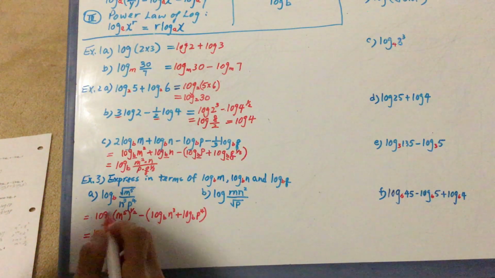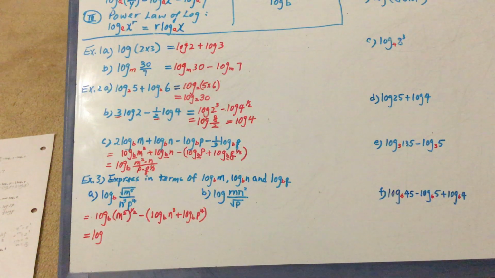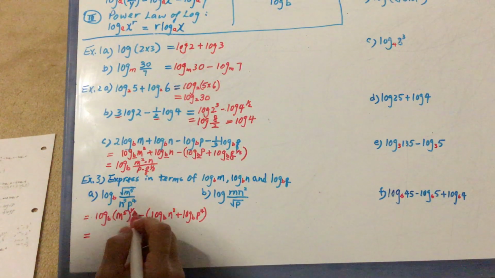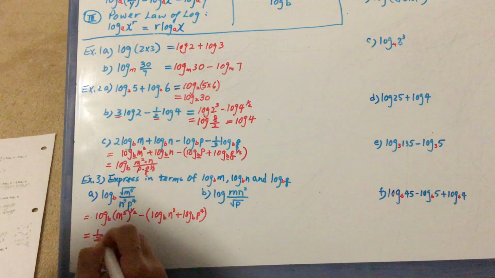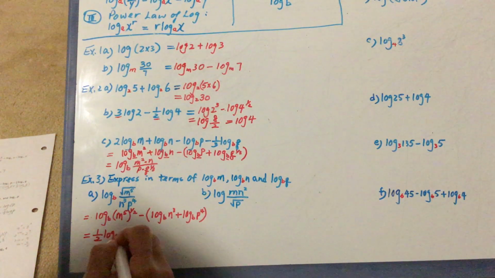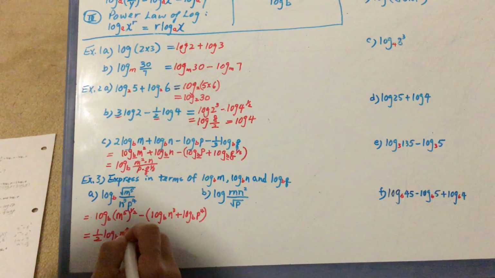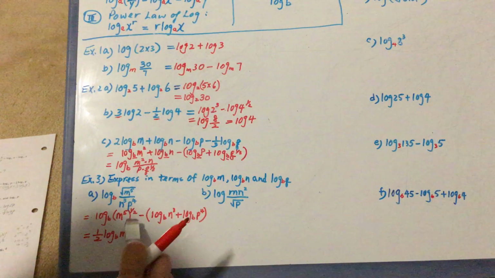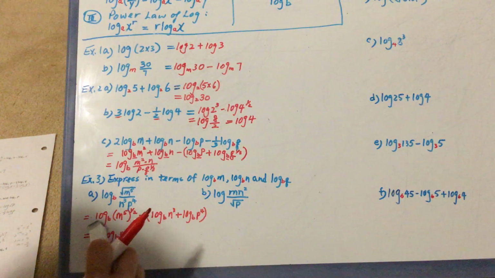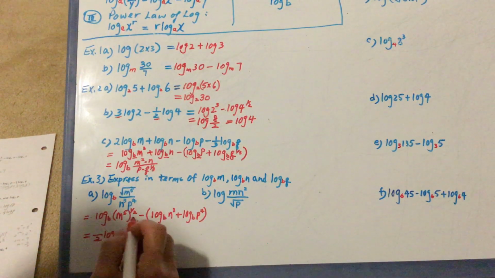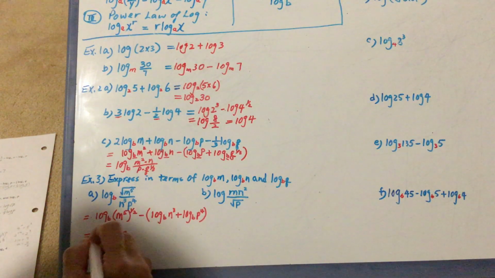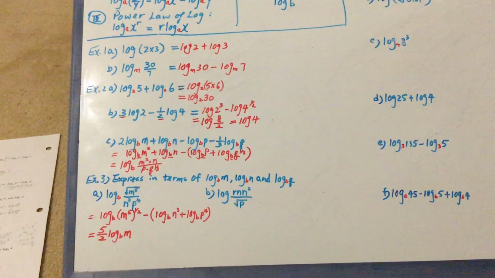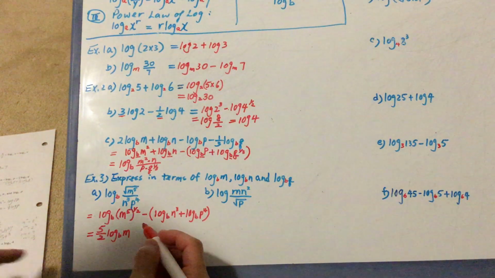Because this one has an exponent, I'm going to bring the exponent's half outside. So you're going to have this with the m. So this one will be 5 over 2. So the multiplier is going to be 5, because 5 times a half gives you 5 over 2 as the exponent. So 5 over 2 log bm is going to be the first term.